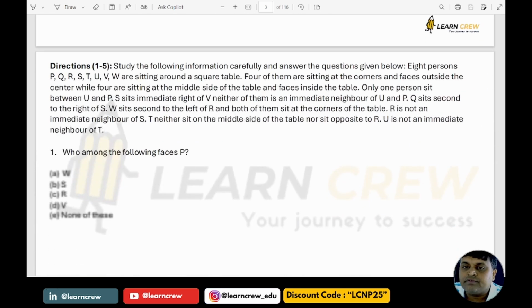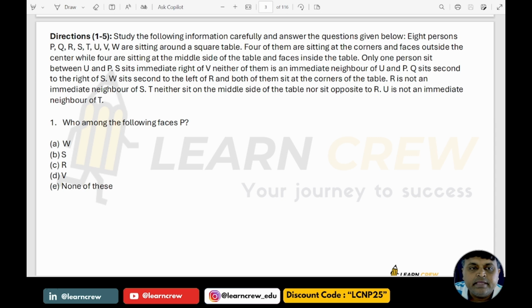So first 5 questions are based on the puzzle. 8 persons P, Q, R, S, T, U, V, W are sitting around a square table. So there is a square table given. 4 of them are sitting at the corners and face outside.